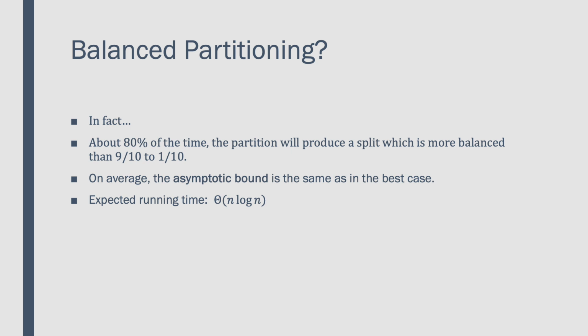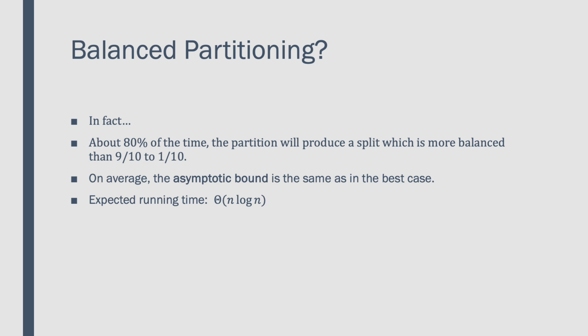We can say that about 80% of the time the partition will produce a split that's more balanced than the extreme 9 to 10 or 1 to 10 ratio in reality. This is because when choosing pivots, especially with randomization, most splits naturally fall closer to balanced.